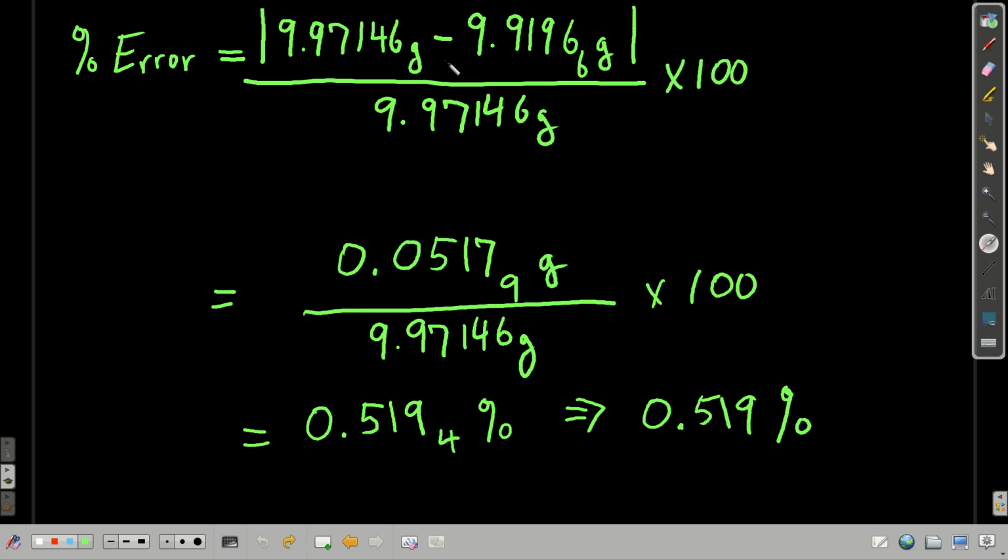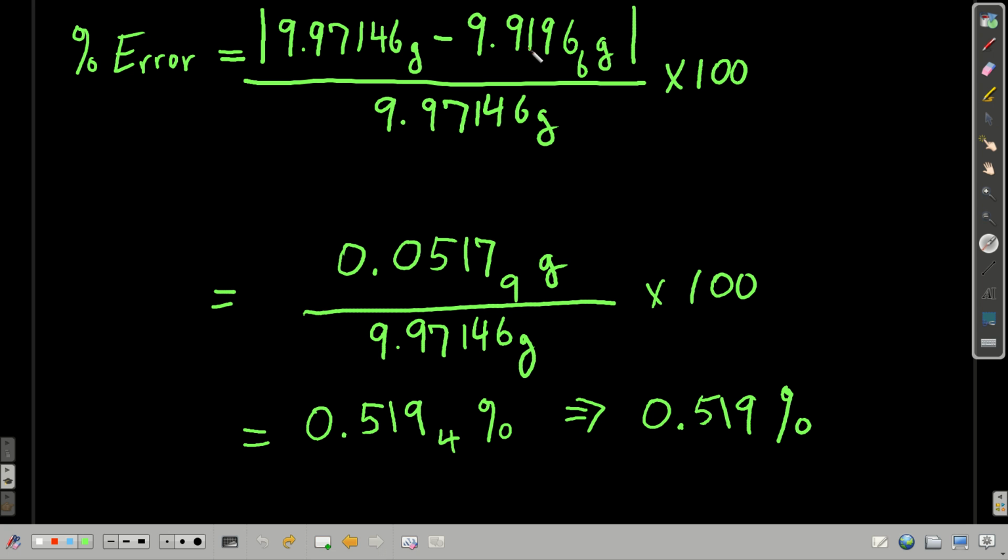Now, sig figs. Remember, we have to do this one step at a time and write each step down. The first step in the order of operations is to do the subtraction. And the rule for when we're subtracting numbers is that we care about where the last sig fig is. In this number, the last sig fig is 1, 2, 3, 4, 5 to the right of the decimal.